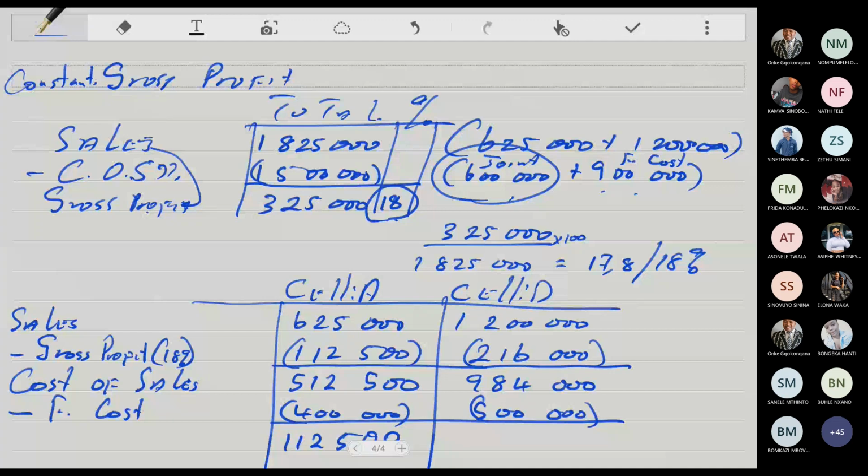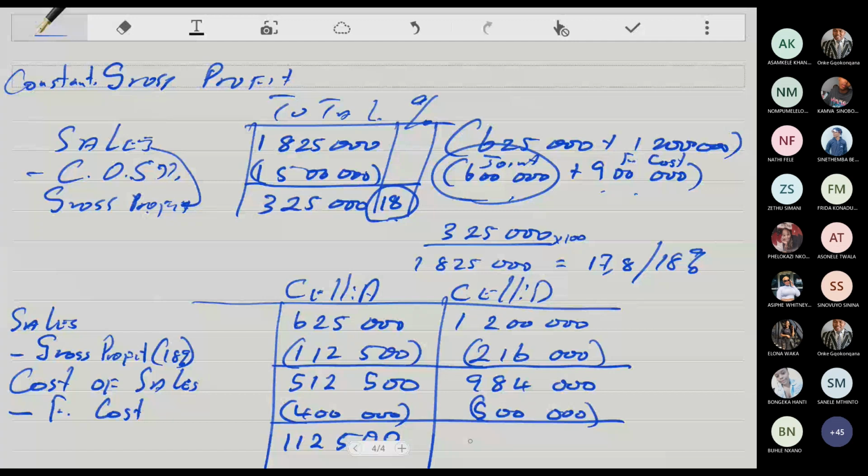That's your cost. Then coming to the second one, you've got 984,000. Then you minus 500,000, and it gives you 484,000. Now, what are we going to term this 484,000 and 112,500?